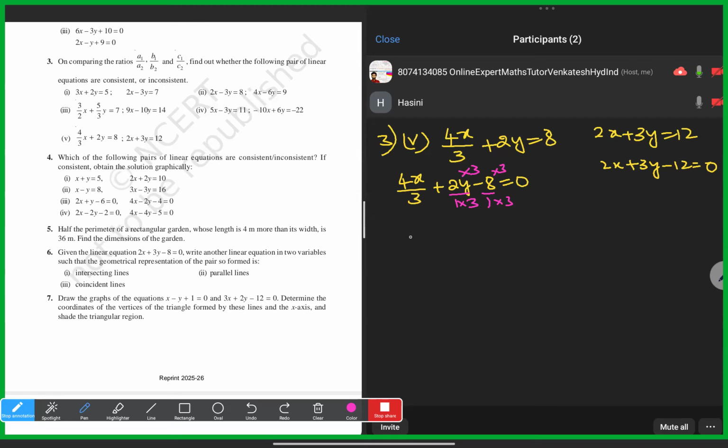So it will become 4x by 3 plus 6y by 3 minus 8 into 3, 24 by 3, is equal to 0. So 4x plus 6y minus 24 by 3 is equal to 0. The 3 will cross multiply to become 4x plus 6y minus 24 is equal to 0 into 3, 0 as well.